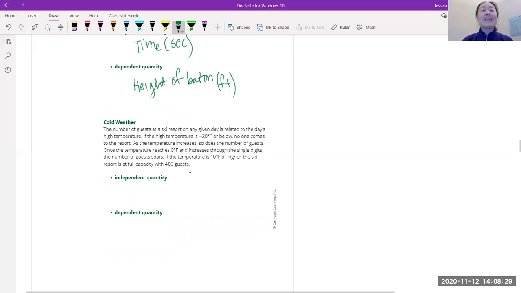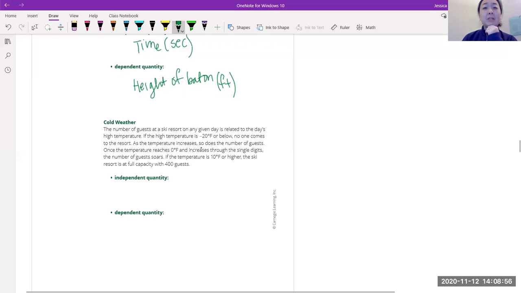All right, so here, cold weather. The number of guests in a ski resort on any given day is related to the day's high temperature. If the high temperature is negative 20 degrees or below, no one comes to the resort, because it's freezing.